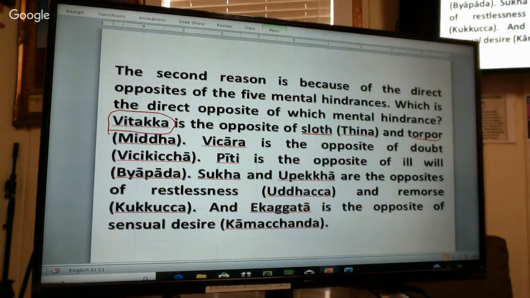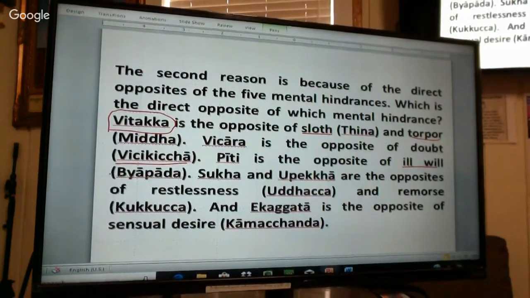And then Vichara. Vichara is opposed to doubt, Vichikiccha, because Vichara's nature is examination, like panya, examining. And then Piti. Piti is directly opposed to ill will or anger, Byapada nivarana, one kind of hindrance.